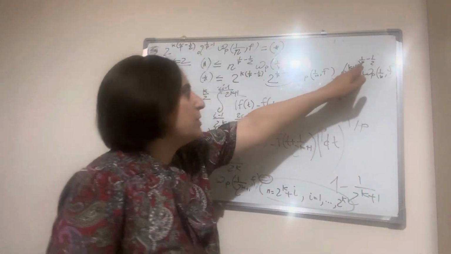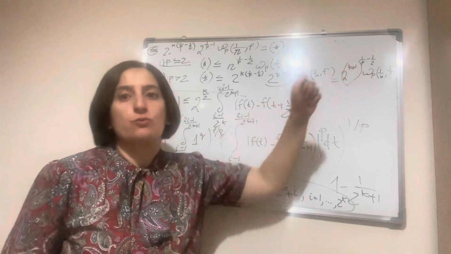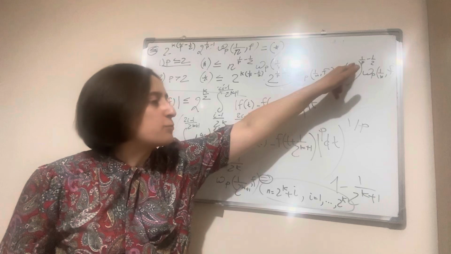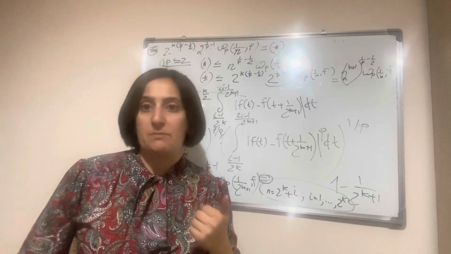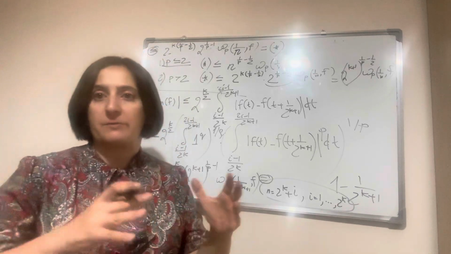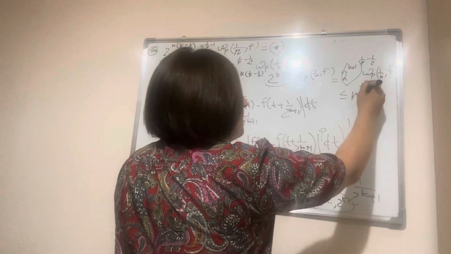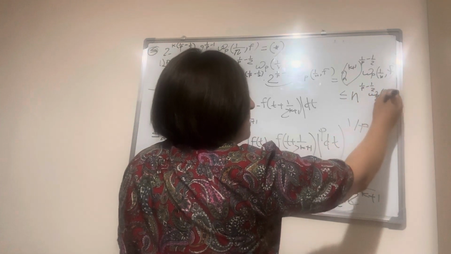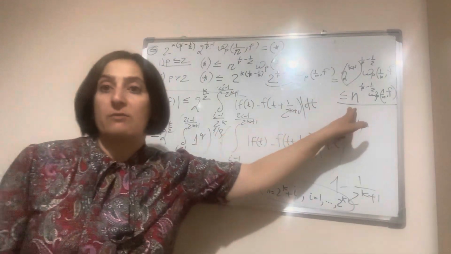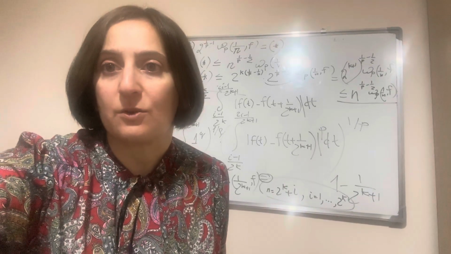And now what we need to see is that p is greater than 2, therefore 1 over p minus 1 over 2 is negative. Therefore, if we substitute 2^(k+1) with something smaller, namely n, we get something larger. So therefore, we can have less than or equal to n raised to 1 over p minus 1 over 2 times omega p (1 over n, f). What we get is whatever we wanted to prove. So in this case the theorem holds as well.